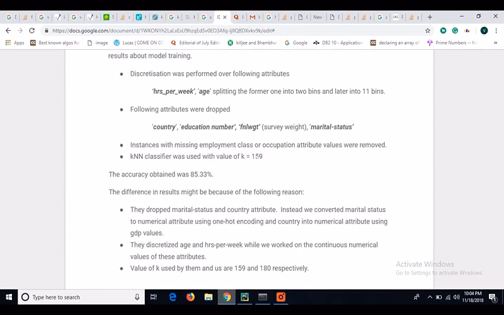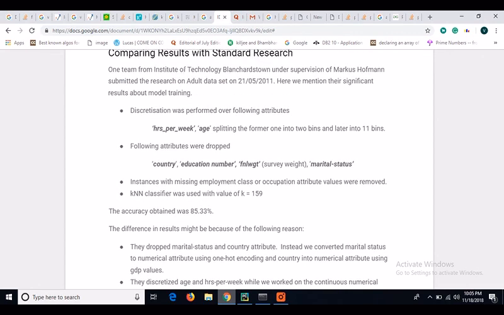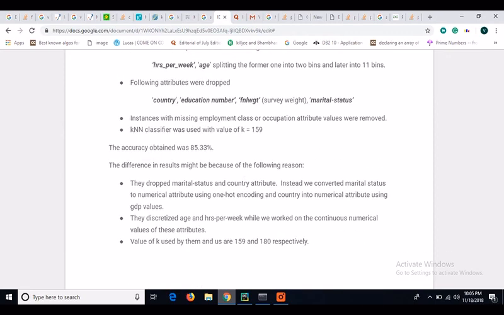Also, our value of k is approximately 180, and we have not discretized the columns hours per week and age, which is done in their research. Thank you.